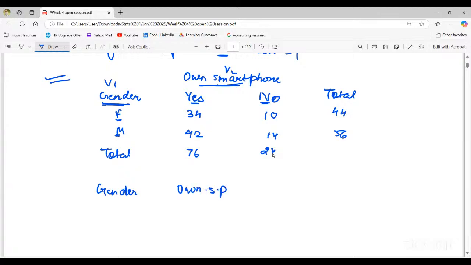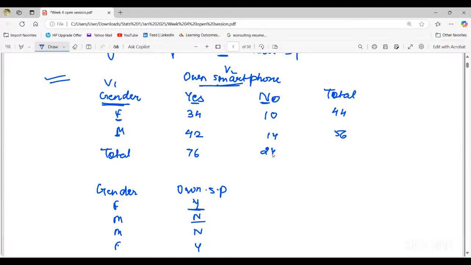So I would have data like female, male, male, female, and owning a smartphone like yes, no, no, yes, something like that. So it's not numerical, it's just nominal. There are two types, yes or no, that's it.